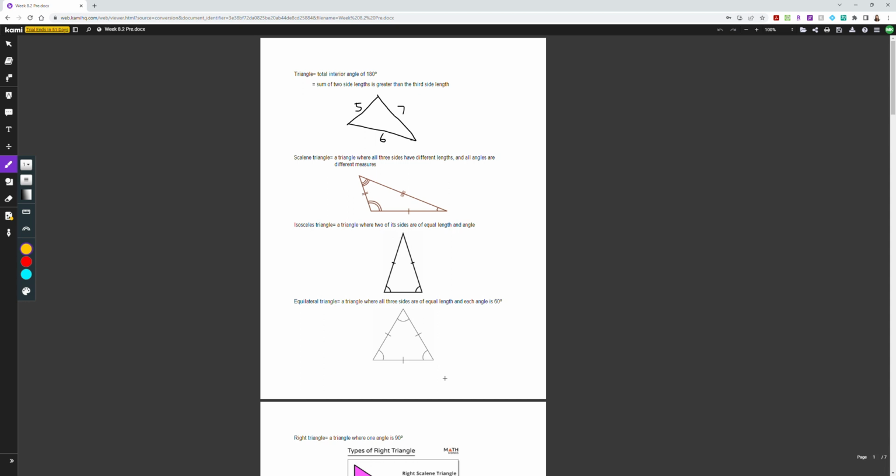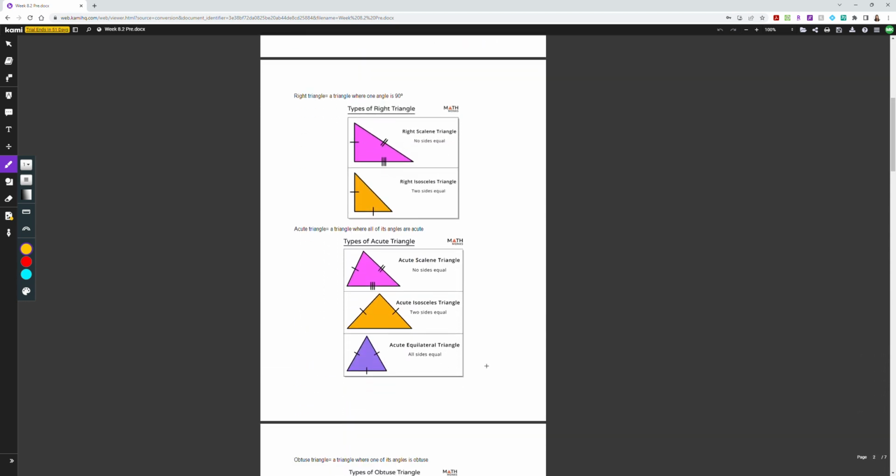Now, we can also differentiate triangles by their angle. A right triangle is a triangle where one angle is 90 degrees. If we look here, this part would be 90 degrees, and that's why we would call this a right triangle.